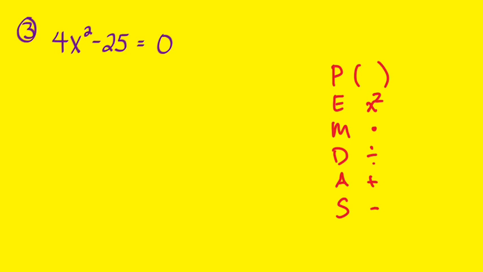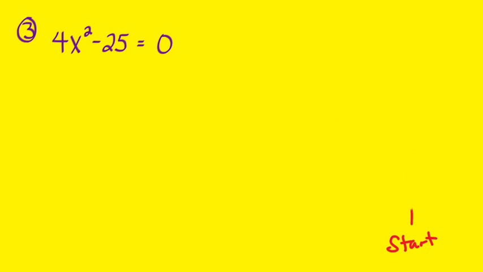But when we solve, we go backwards. We start here. We start by adding or subtracting, then we multiply or divide, and then we get to the squaring, which is what we're really practicing in all of this lesson right now. Okay, let's see how it works.